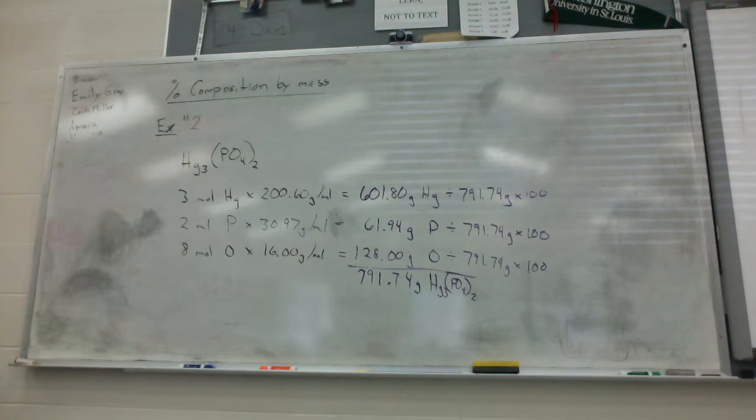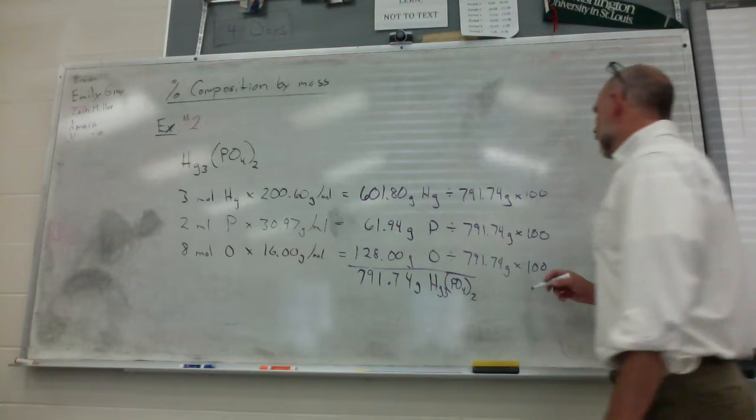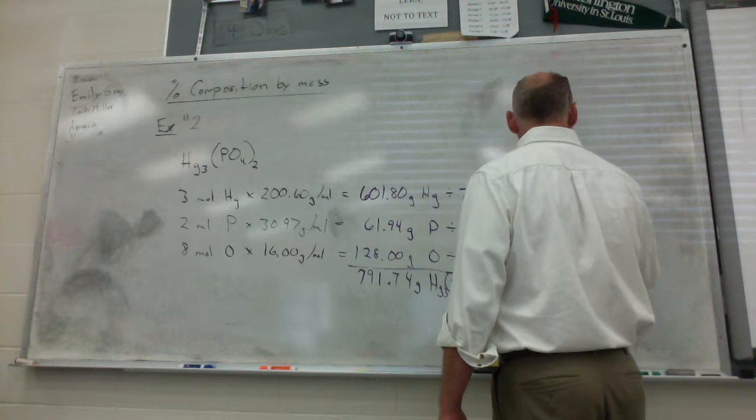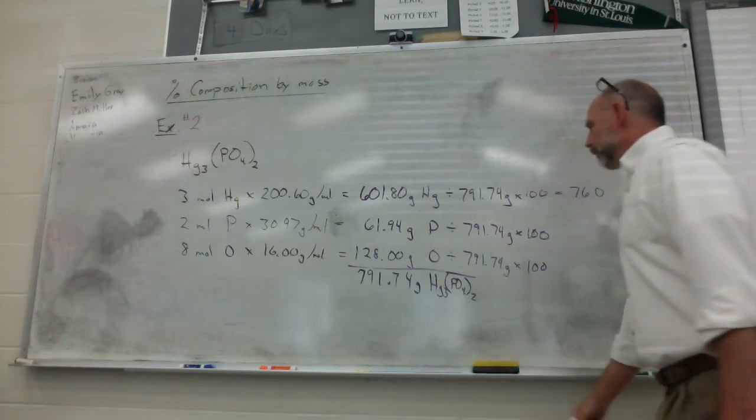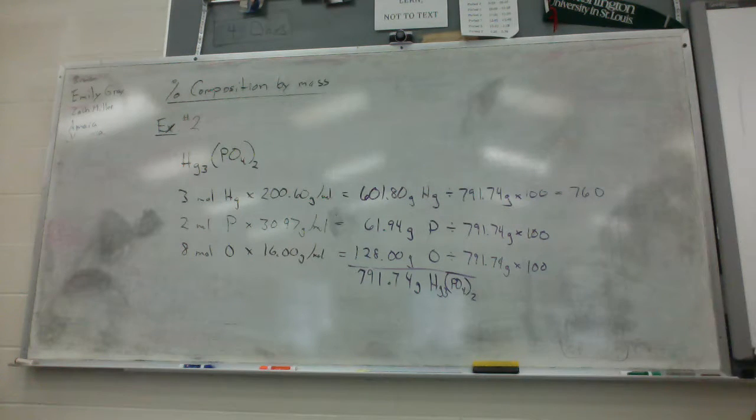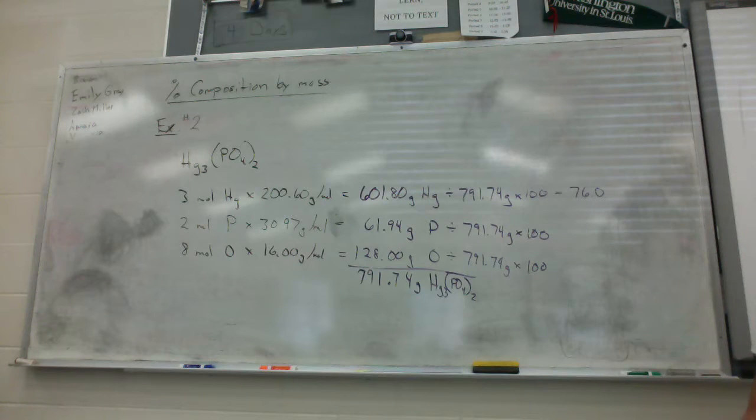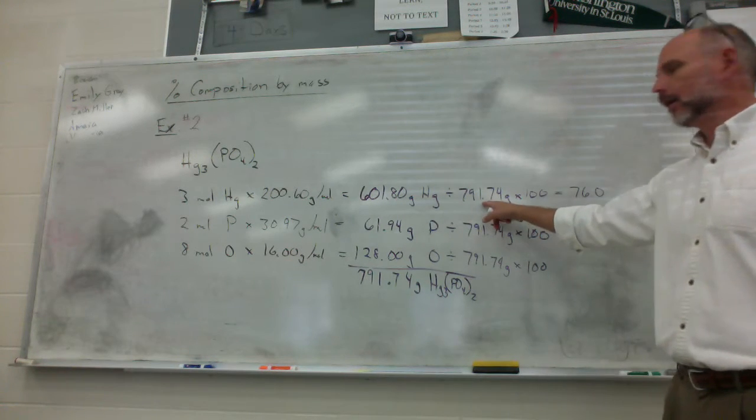Anybody have values yet for the percents? I'm gonna guess the mercury's pretty high. What'd you get, Tyler? 76.01. I disagree with that. Should have 5 significant figures in the result. Yeah, there's 5 here, there's 5 here.